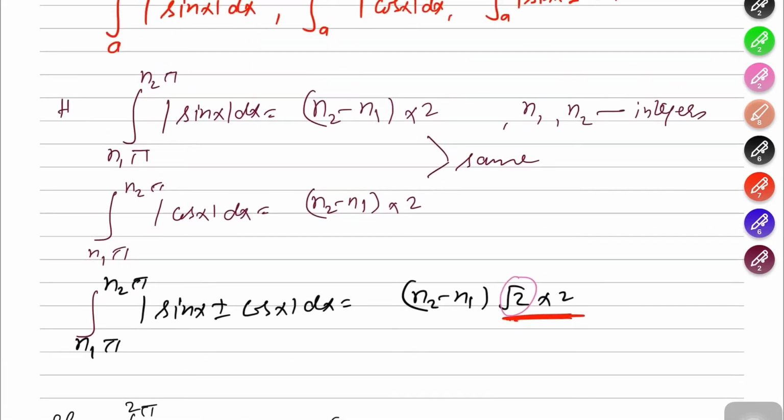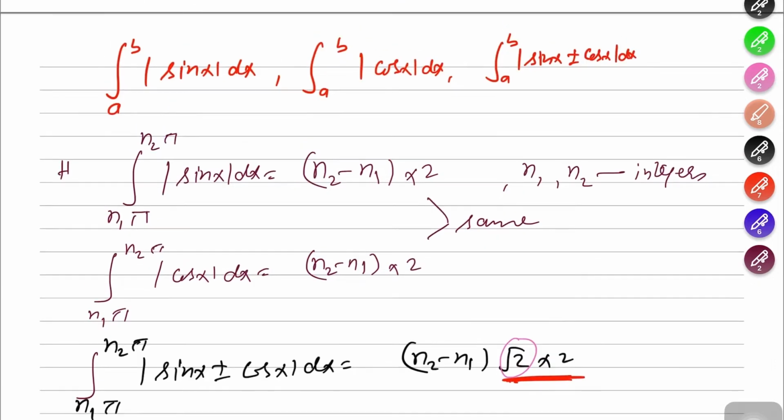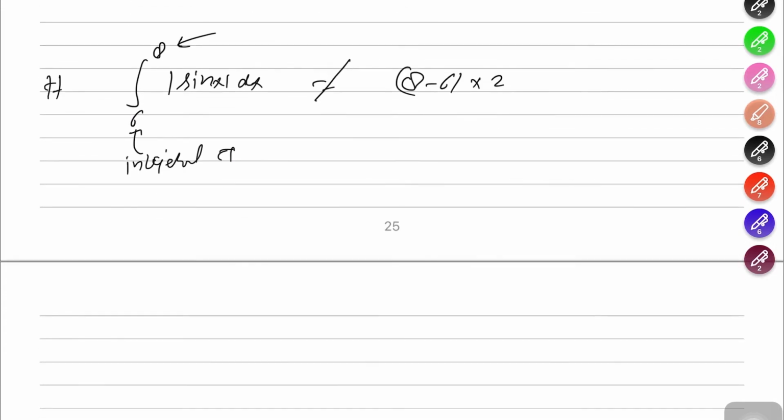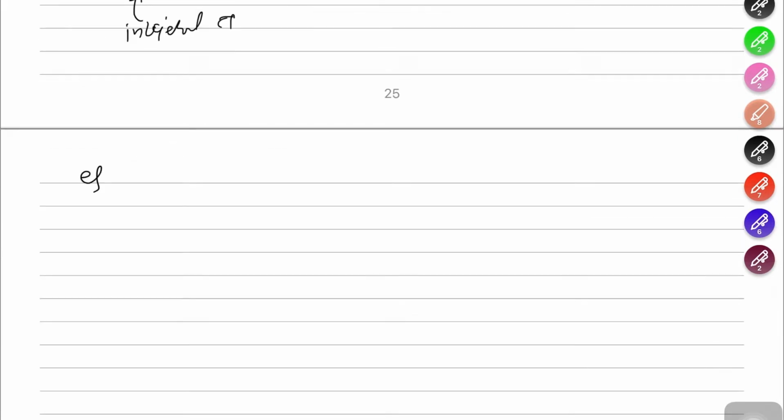We are not just expecting integers, they should be integral multiples of pi. We can say n1 and n2 are integers and they are integral multiples of pi. Here 6 and 8 are integers but not multiples of pi. So that's why the value is not 8 minus 6 into 2.